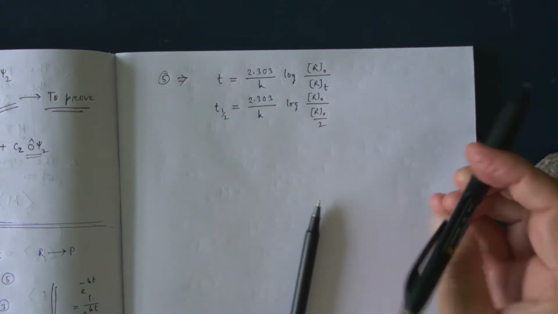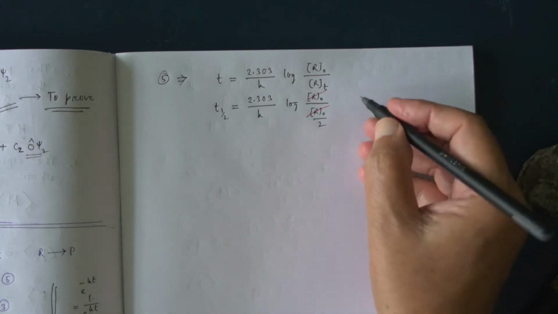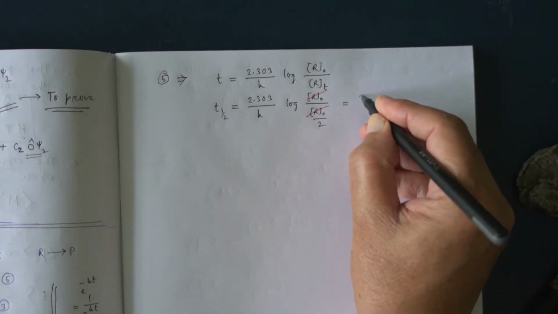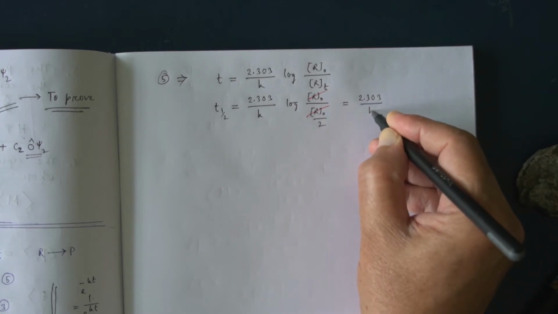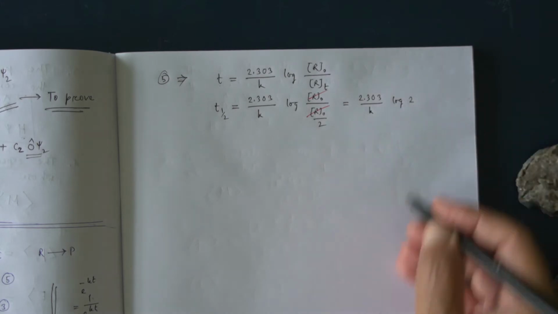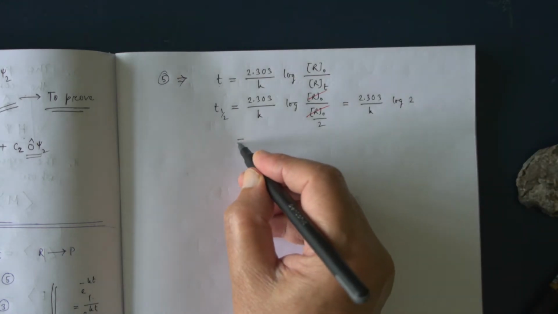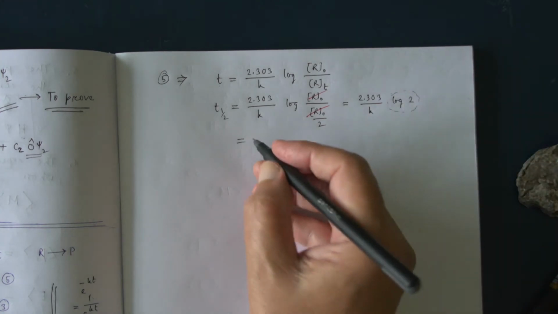So this cancels, and it will be equal to 2.303 by K and log 2. Now the value of log 2 is 0.301.